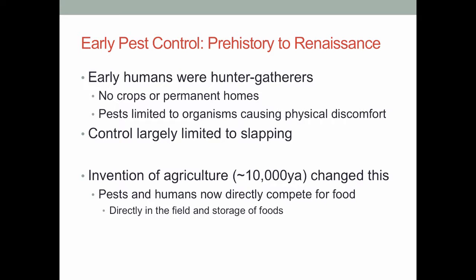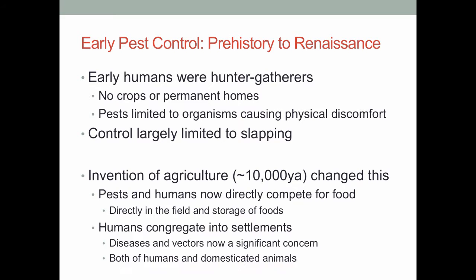This is when we really start to see the emergence of a lot of these common pests associated with people. On one hand, we're talking about direct competition in the field and stored foods. Pests feed on our crops sitting in the ground, and they feed on our storage, so even things that we successfully reared all the way out are not guaranteed to be safe before we eat them.